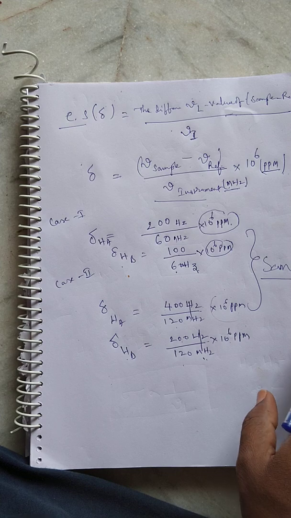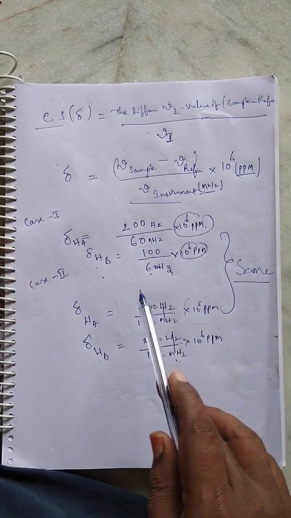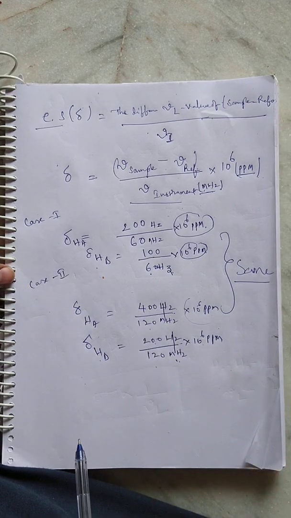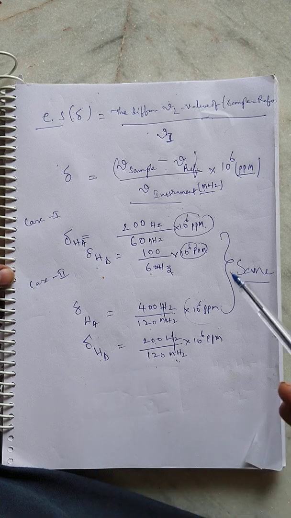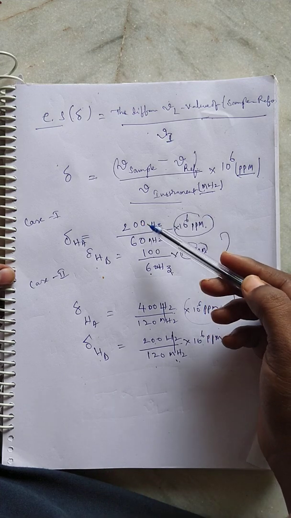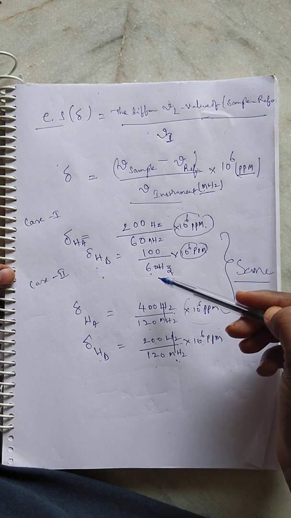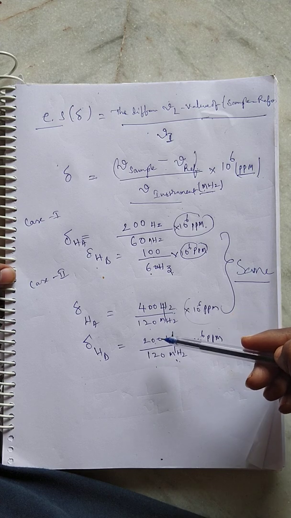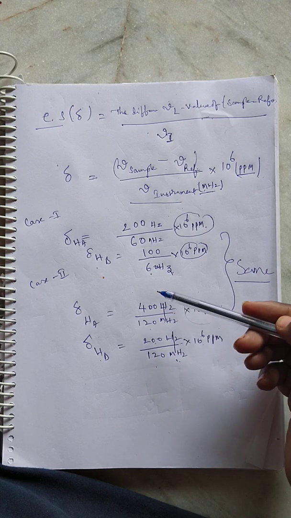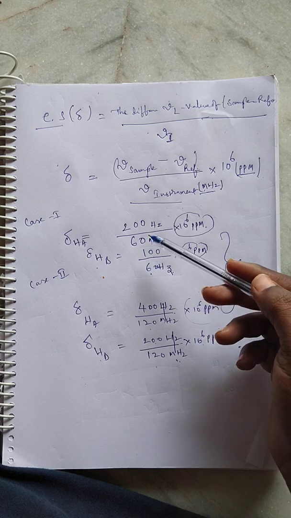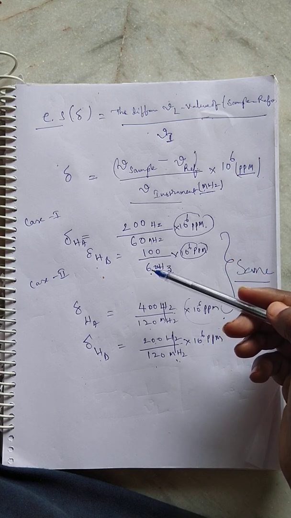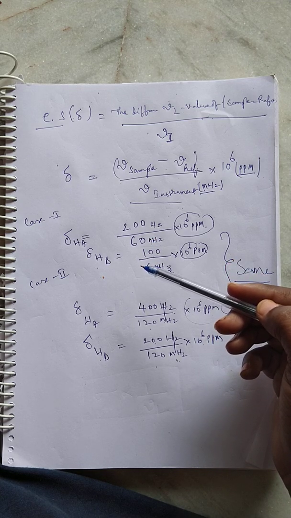This is how we can achieve a generalized formula for chemical shift, right? 200 upon 60, 100 upon 60, 400 upon 120, 200 upon 120, both are one and the same. If you simplify, both will get the same values, right?